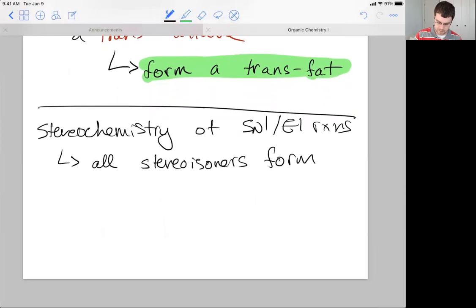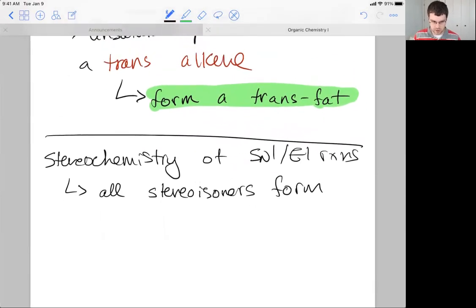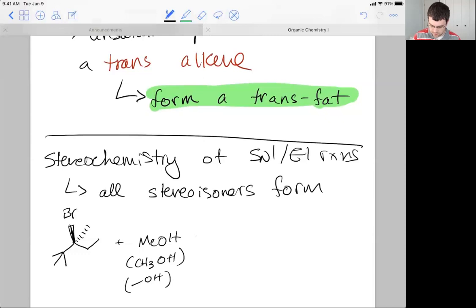So what I want to do is consider a reaction where we treat this with an excess of methanol, CH3OH or MeOH, or this. It's all the same.